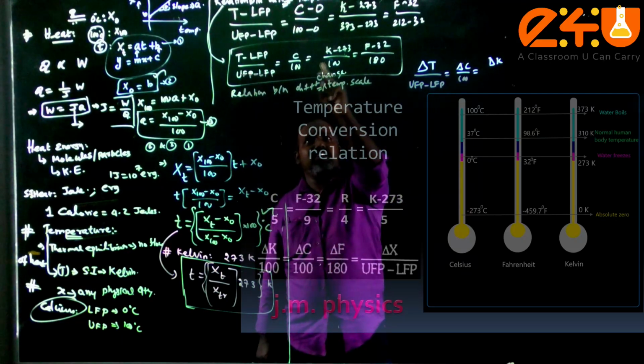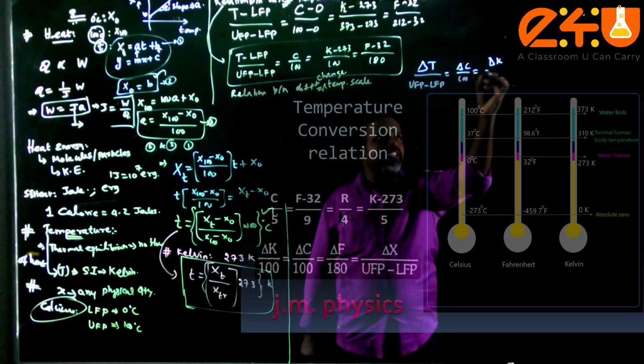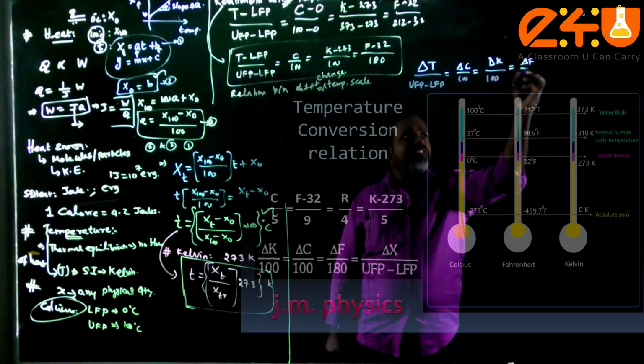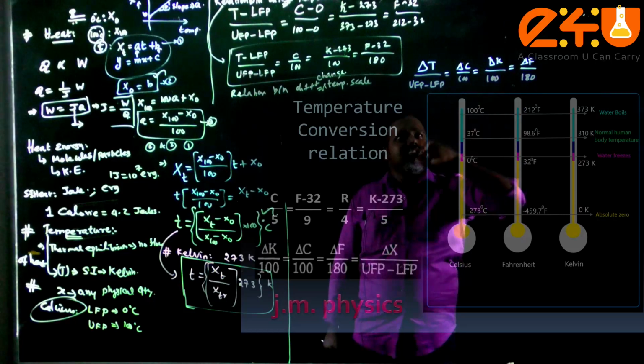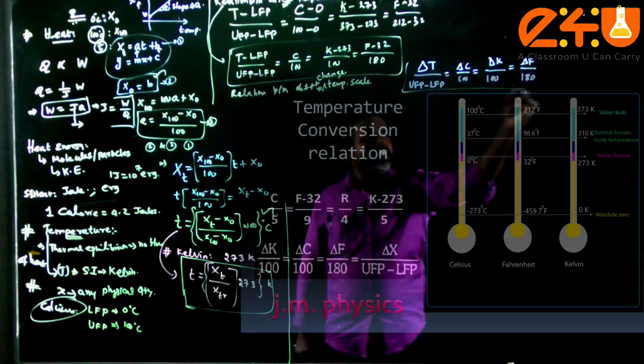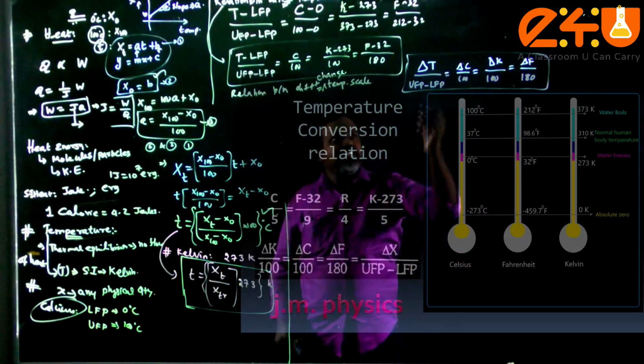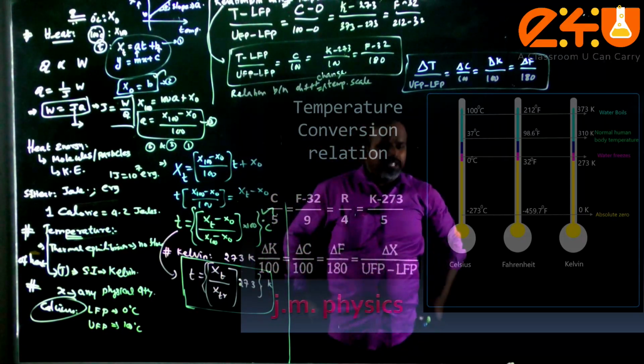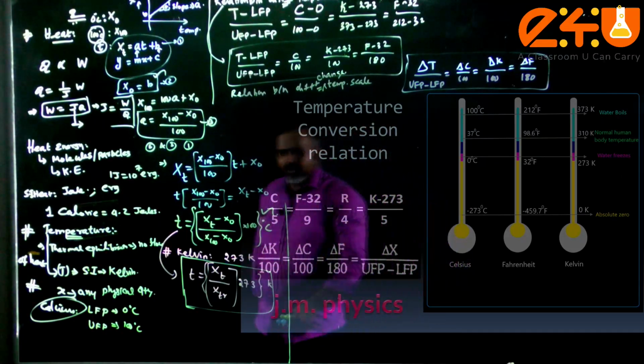Because they have the same number of divisions, as we said earlier. That is equal to delta F divided by 180. So this is the relation between change in temperature of the different scales used for measuring temperature. So kindly note down the theory, students.